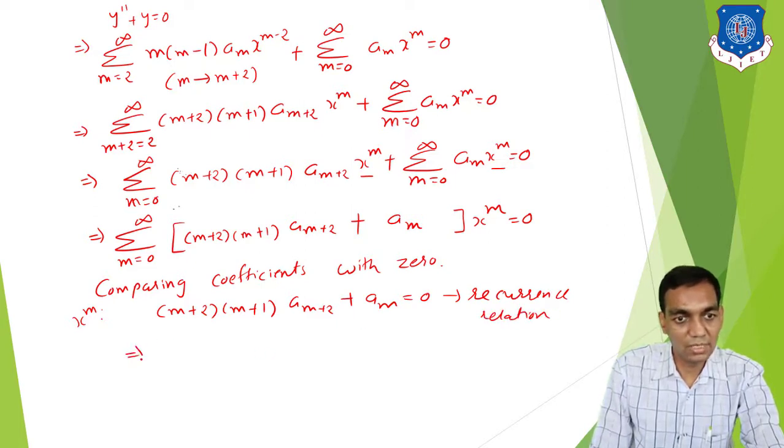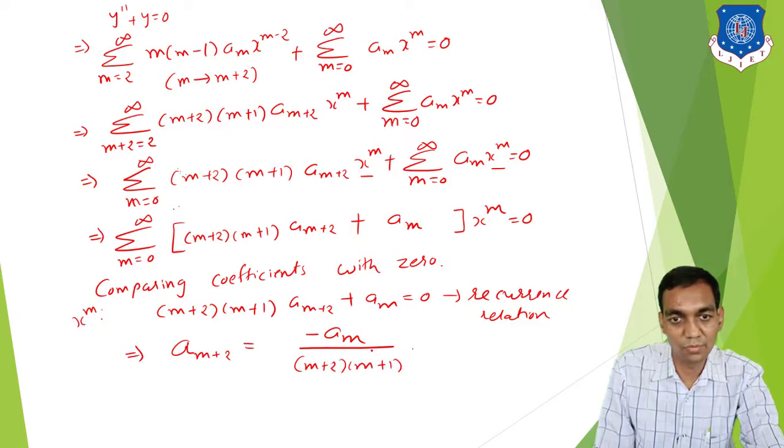From the recurrence relation, we are going to make the larger am the subject. So here the larger term is a of m plus 2. So you have to make this the subject, and that will give you minus am divided by m plus 2 into m plus 1. Okay.